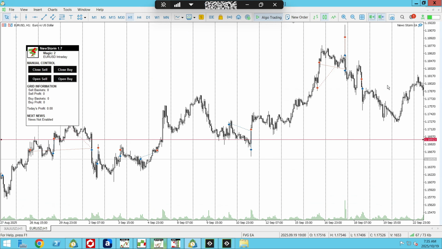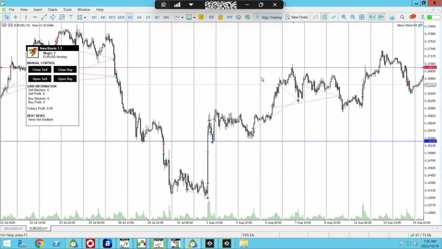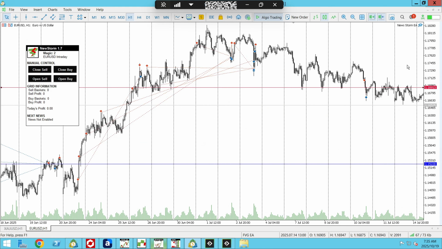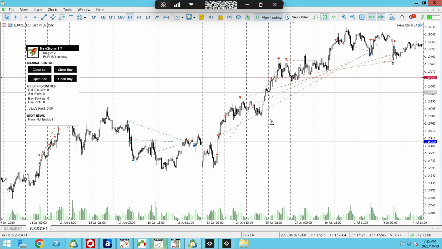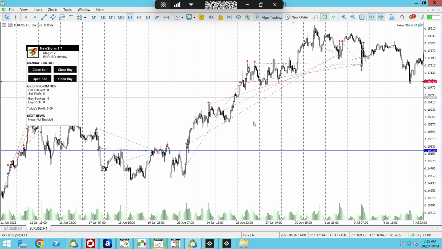So what happens is, at the end of June, I saw that my trades had arrived at this level. I wasn't yet at 35%, I was around 20%. I wanted to see what I needed to do.